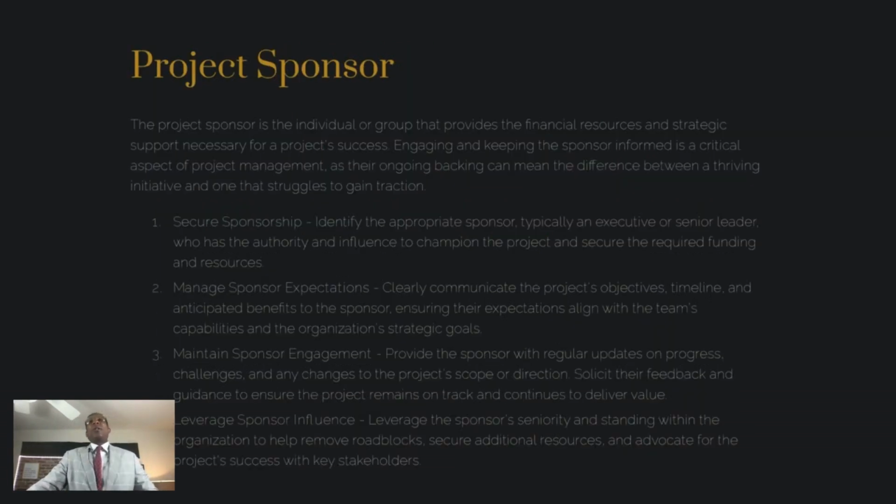Project sponsor. Listen, a project sponsor is normally an individual, and it can be a group of people, that provide the financial resources or the strategic support when it comes to project success. A sponsor is that person, that individual, or that group of people that has made a decision to say, hey, we took our business case and we put it together, and now we believe we have something.